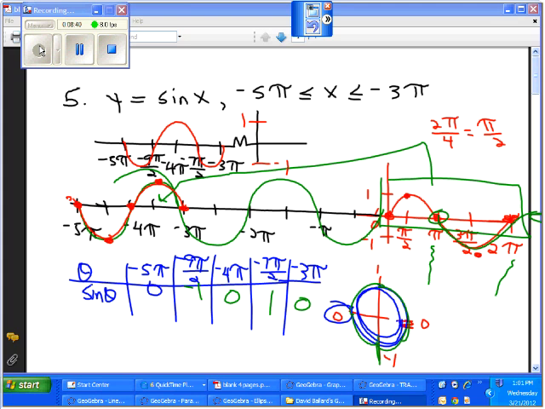Notice on this test it says no notes or calculator. That way you have to know your unit circle rules. There's no reason to need a calculator. If I let you use a calculator, you could graph it and hit trace, and find them all and not have to know your math. We want you to know your math. Any questions on number 5?